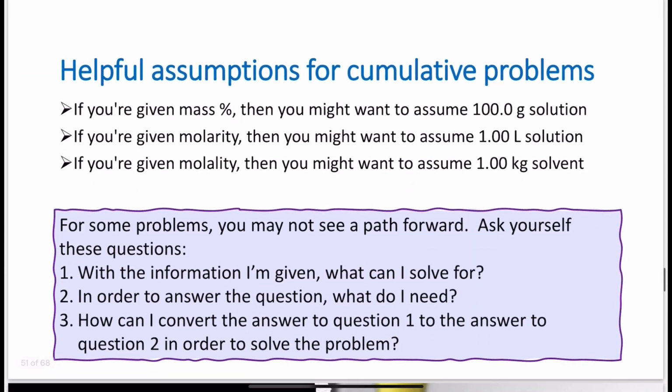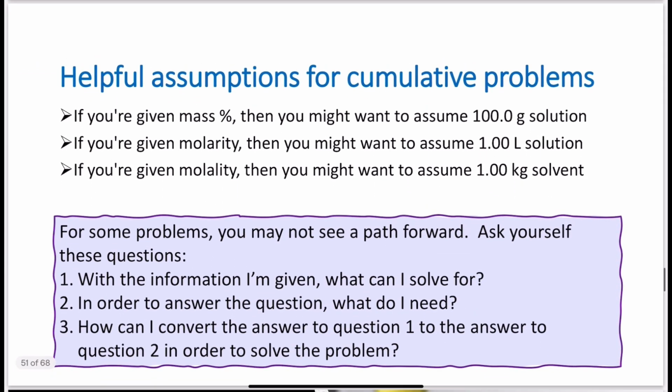Okay, now this definitely helps more on the previous portion of the chapter, the solutions chapter, but some helpful assumptions when you're working cumulative problems, because you can see cumulative problems again with colligative properties as well. If you're given mass percent, assume you have 100 grams. Now I want to emphasize that. Let's say you've got something that's 85% M over M, or I say 85 M over M percent, whichever way I write it.